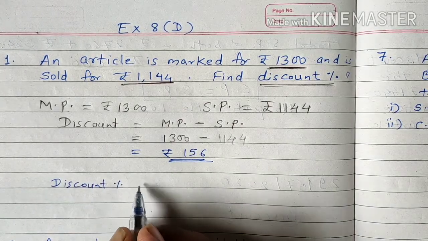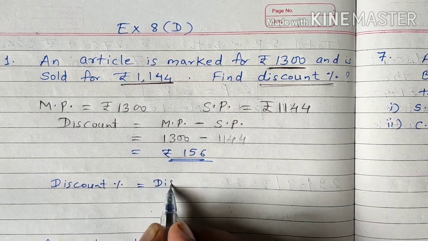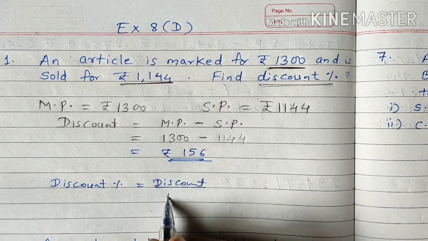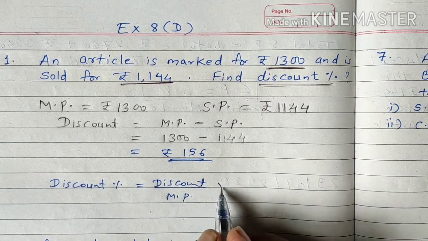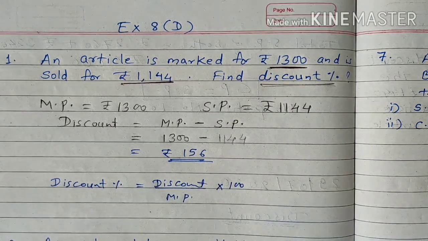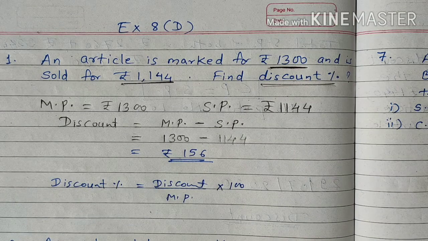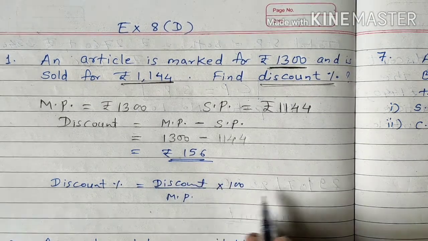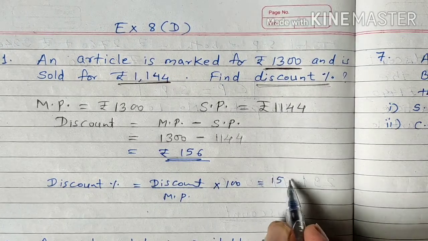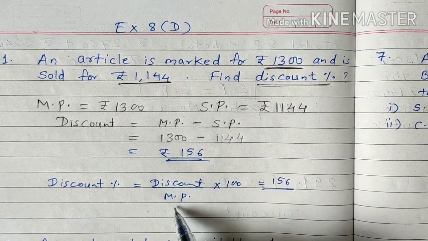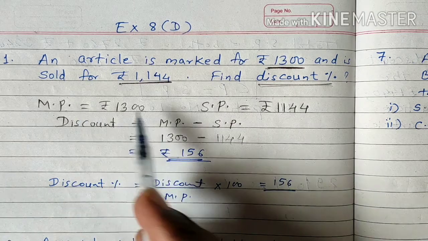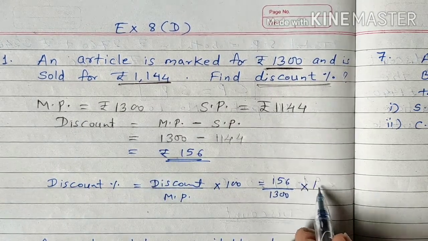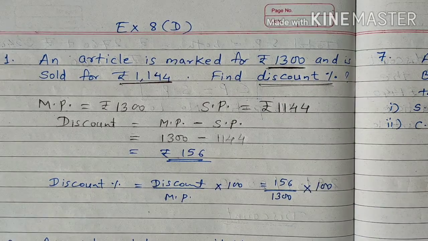To find the discount percent, the formula is discount upon market price multiplied by 100. The value of discount is 156, so we write 156 upon market price, which is 1300, multiplied by 100.